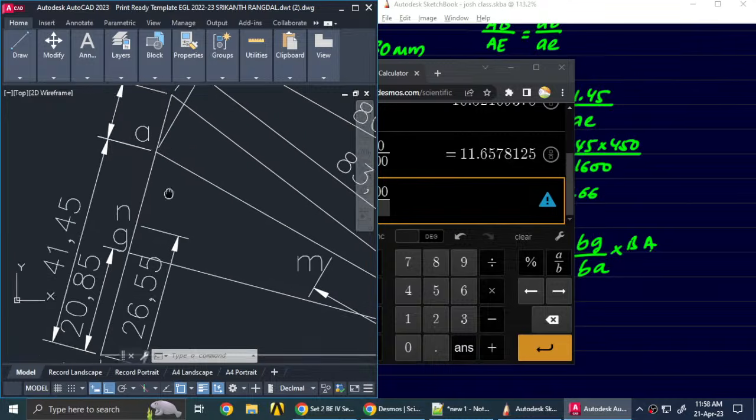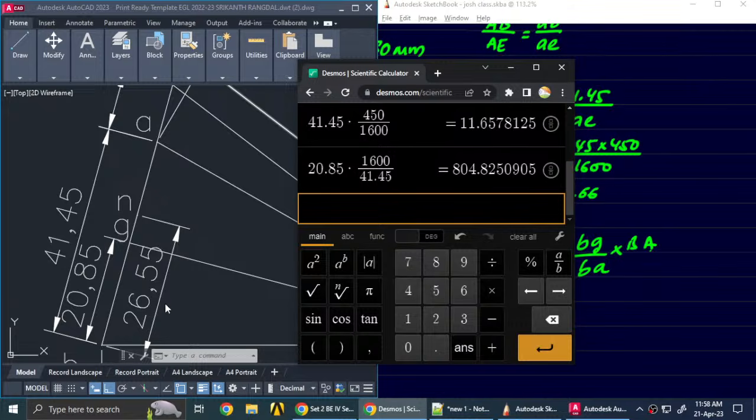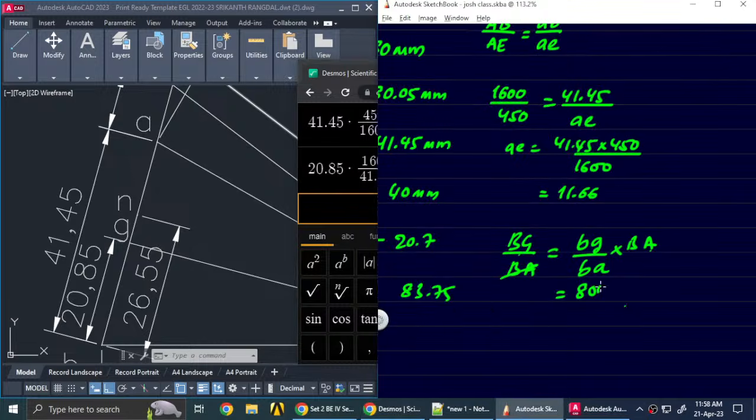Small BA length we know it is 41.45. So we're getting 804.83. So this is the length capital BG.